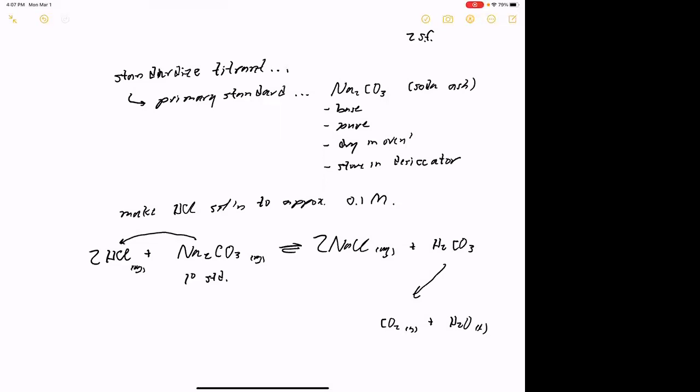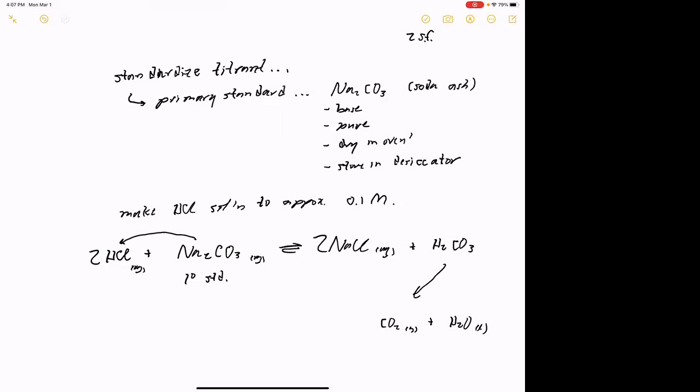And if I know the volume of HCl involved in the titration, I've now got an exact molarity of the HCl. Okay, so now I can get the molarity of the HCl to 4 or maybe 5 significant figures. Now I've got a standardized titrant I can then use in another reaction. Okay, so everybody see how I did that?